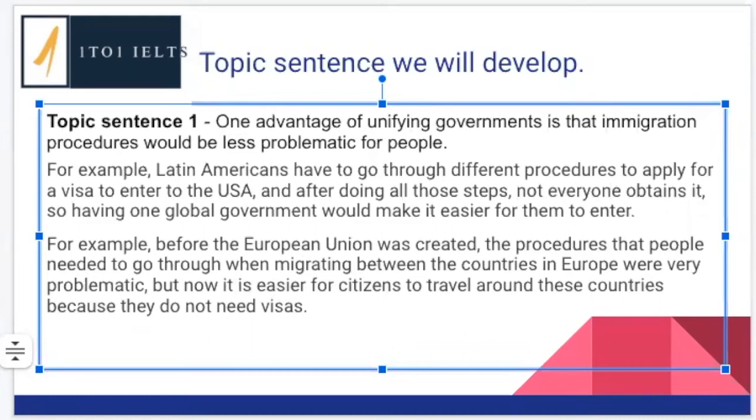So Rajat says it doesn't mention about a single government. So what it's trying to show is you have a union. So the European Union is a union of countries. So it is a small version of what we're talking about.